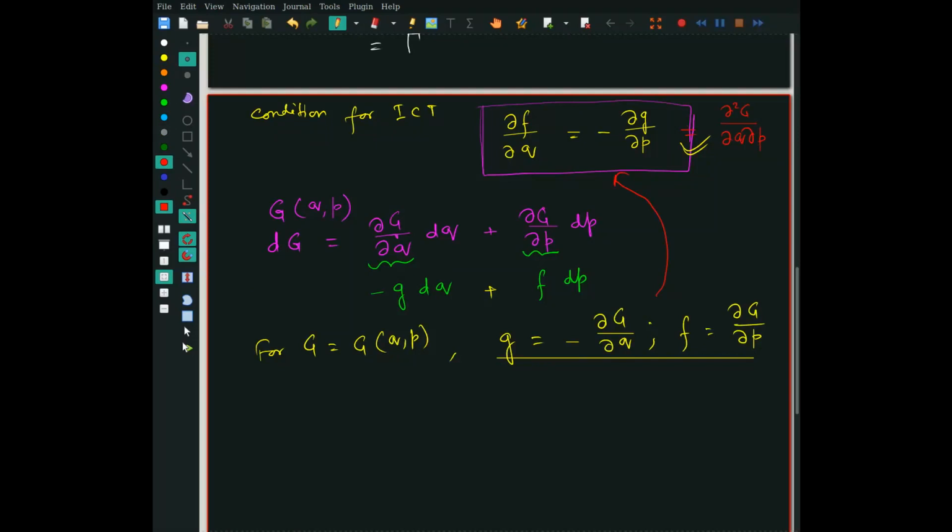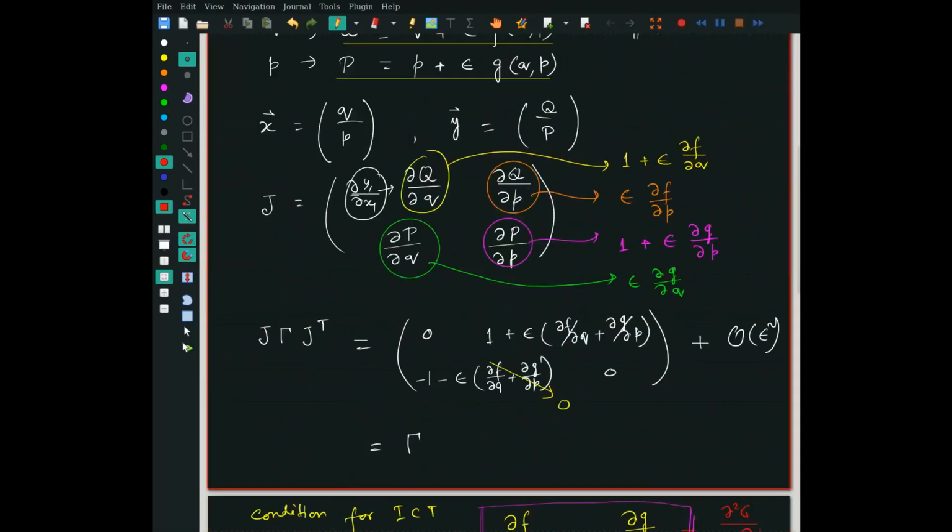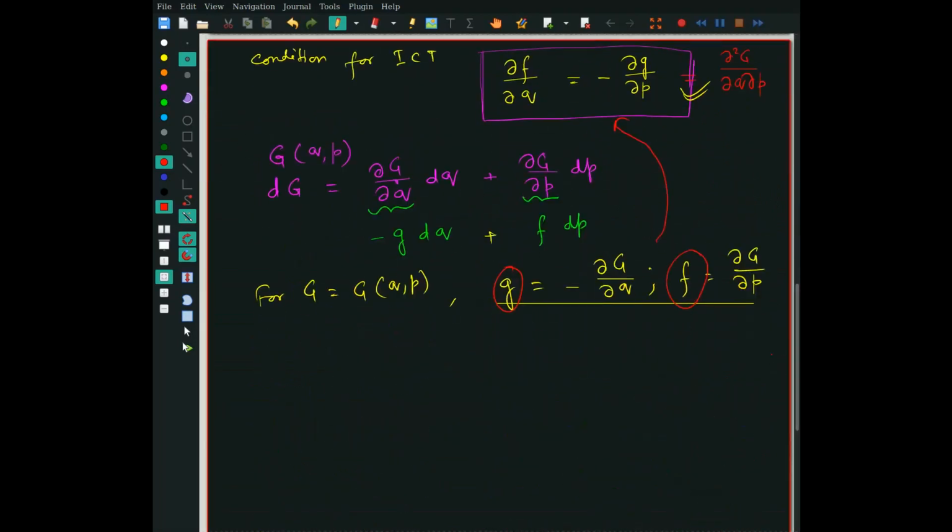Okay, so if G is a function with all order of continuous derivatives, then this is obviously true, and you can say that f and g satisfy this condition. So remember, for f and g to correspond to an infinitesimal canonical transformation of these forms, I see that this g and f should be generated from a single function.